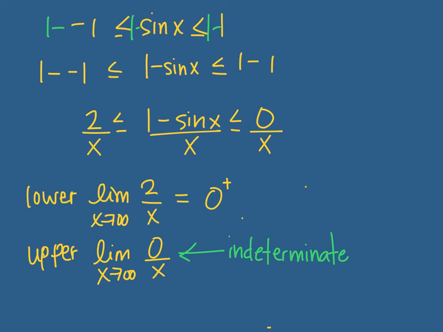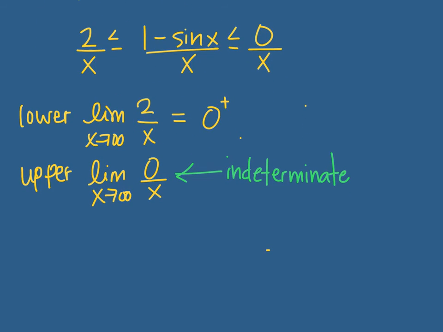And whose rule? It was named after a funny French guy, L'Hôpital's rule. So all that means is if it comes out to be 0 over infinity, what else is indeterminate? 0 over infinity, 0 over 0, infinity over infinity. Those are all indeterminate. So now we just take the derivatives of the top and the bottom.